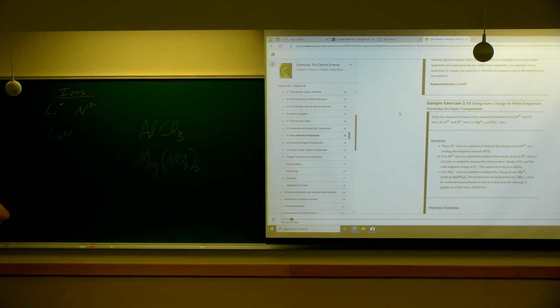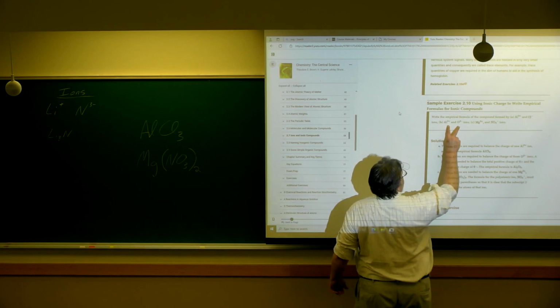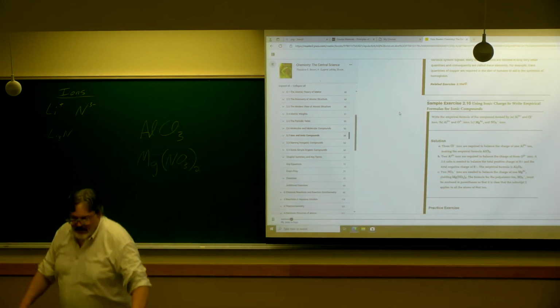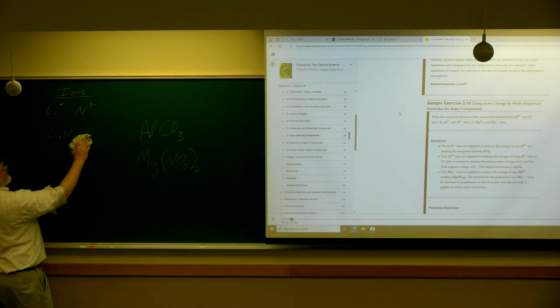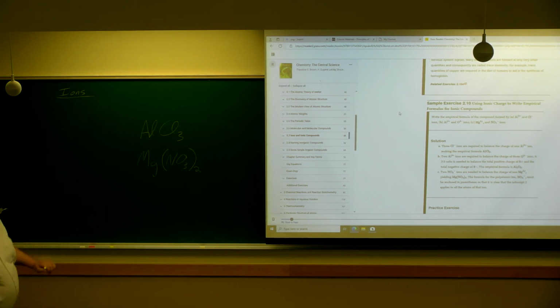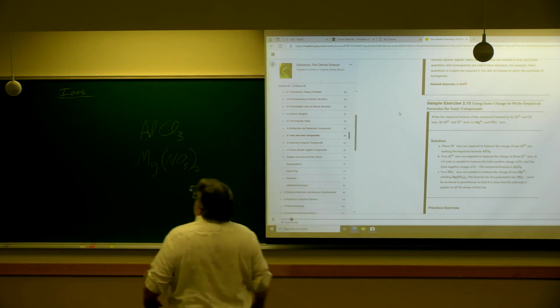All right, and I saved this one because when it's 3 and 2 or 2 and 3, it's just about the only time you ever have to scale it up to something. It's sort of like the least common multiple. So I've got aluminum oxide.